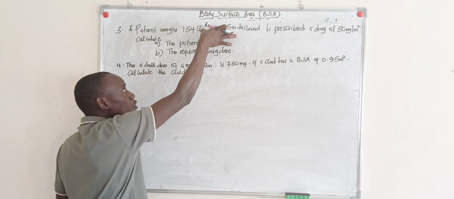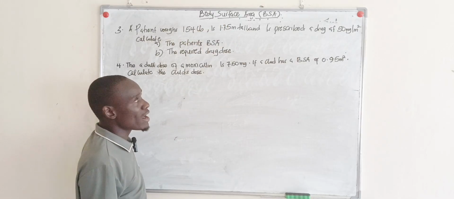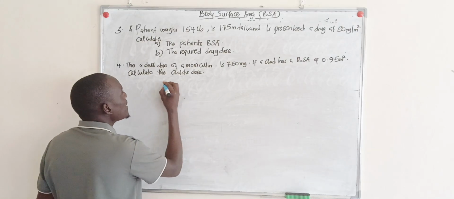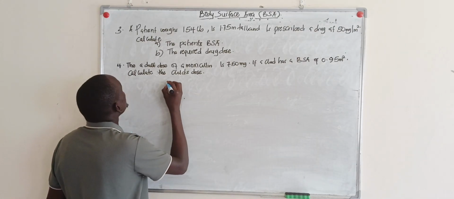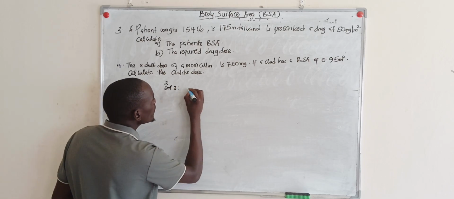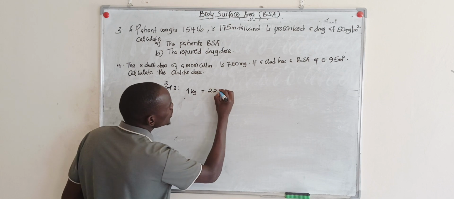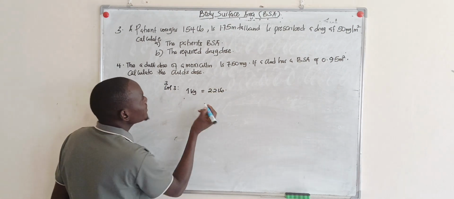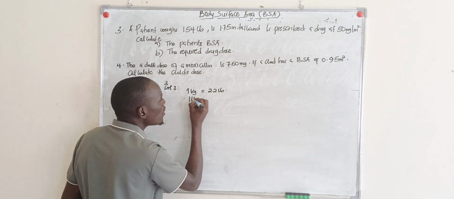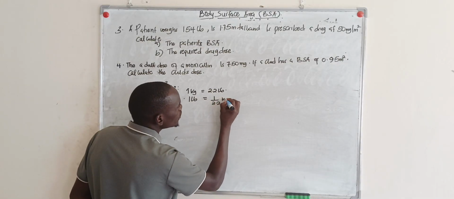So our first step is to begin by converting these units into the required units. For solution 3, we know that 1 kilogram is equivalent to 2.2 pounds. That means that 1 pound is equal to 1 out of 2.2 kilograms.